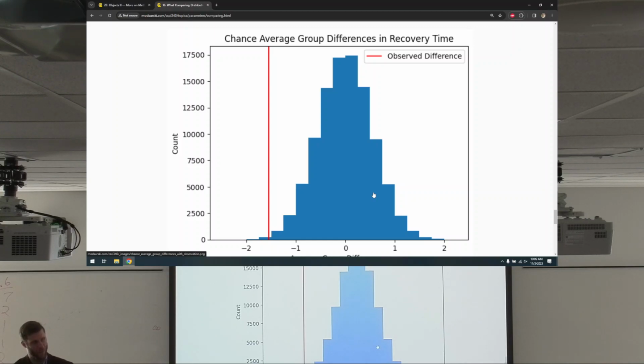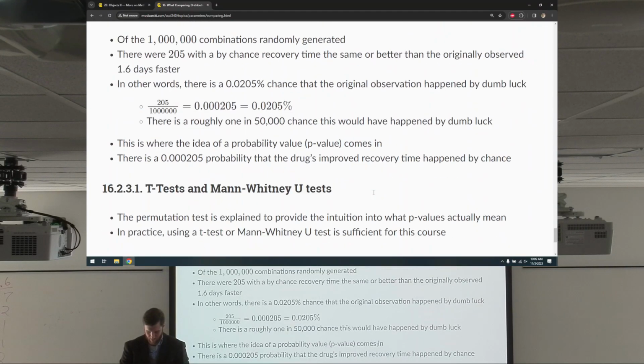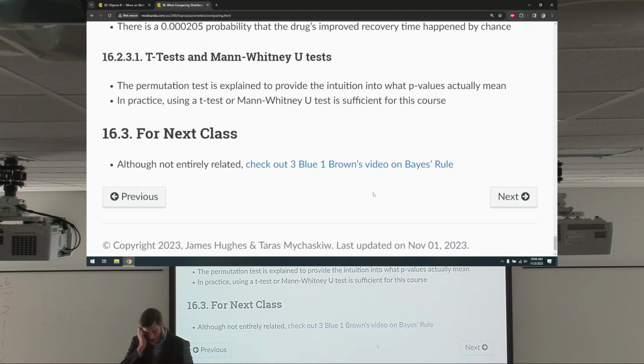So this is what comparing distributions means. And it's intuitive, which is great. If you want to start doing permutation tests for your assignments, absolutely, sure, go for it.